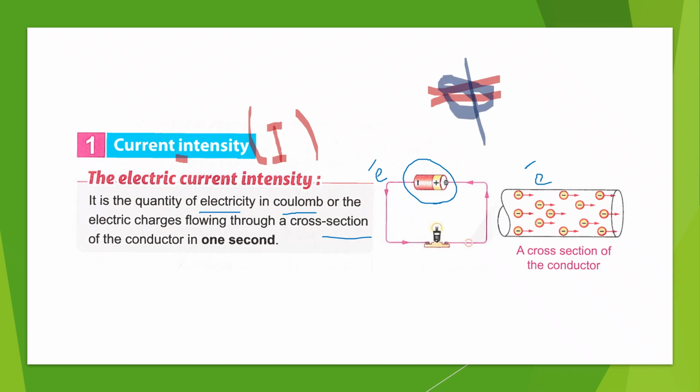How many electric charges flow in this cross section in 1 second? This is what we call the electric current intensity. So it is a quantity of electricity in coulomb flowing through a cross section of a wire or conductor.